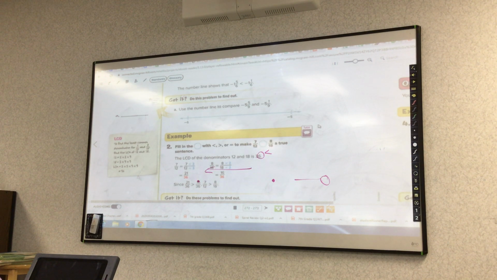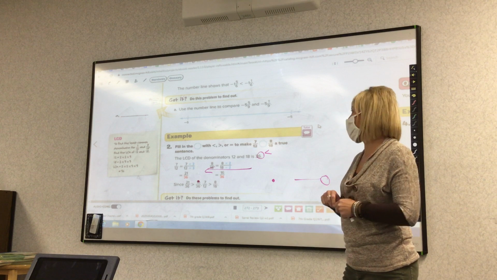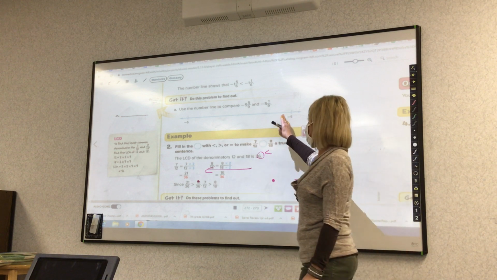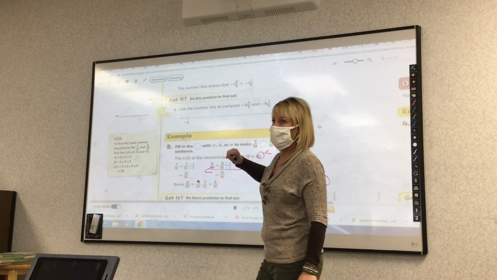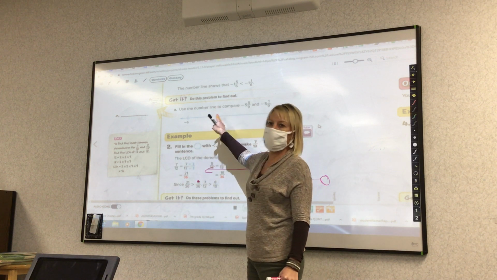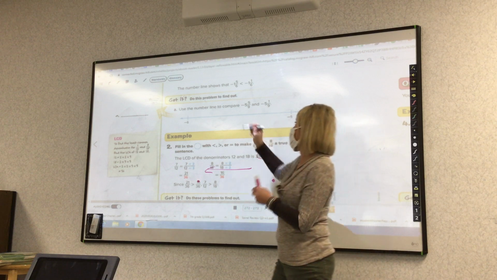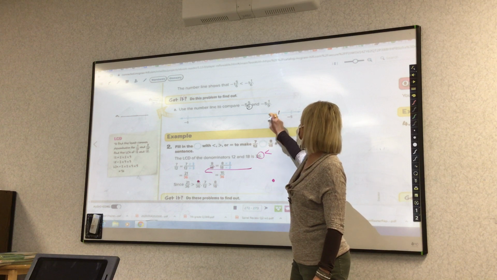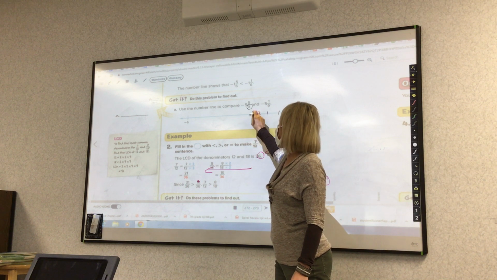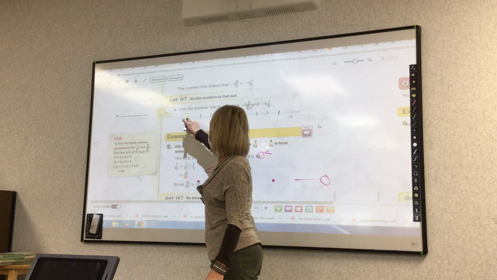For our first got it problem, it says use the number line to compare negative 5 and 5/9 to negative 5 and 1/9. Notice my whole numbers are between negative 5 and negative 6. How many pieces do I need to split the number line into? 9, because my denominator is 9. So I'd say this is 1, 2, 3, 4, 5, 6, 7, 8, and that would be 9.